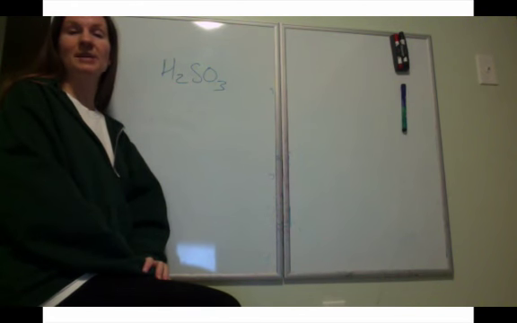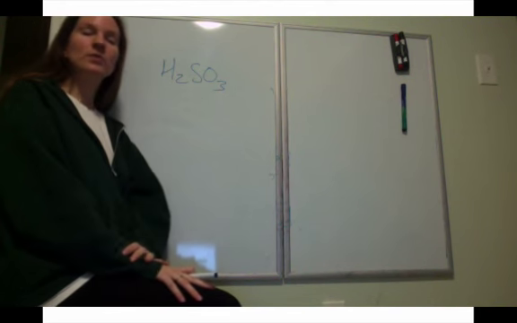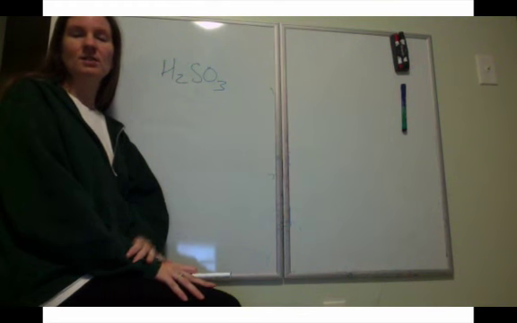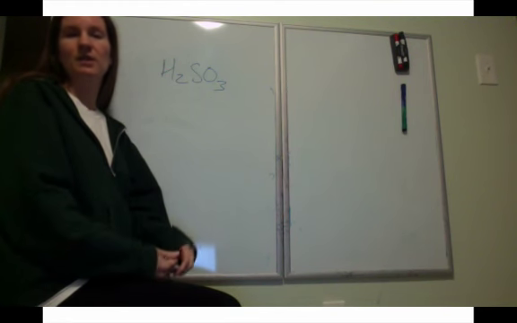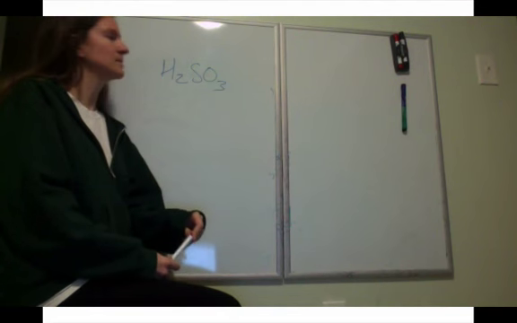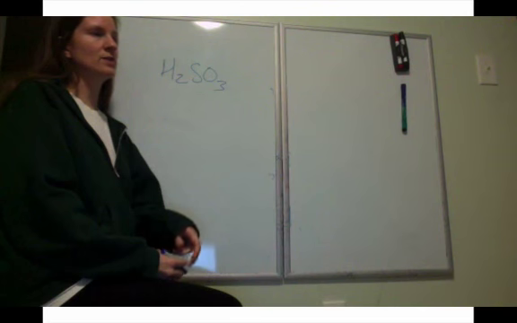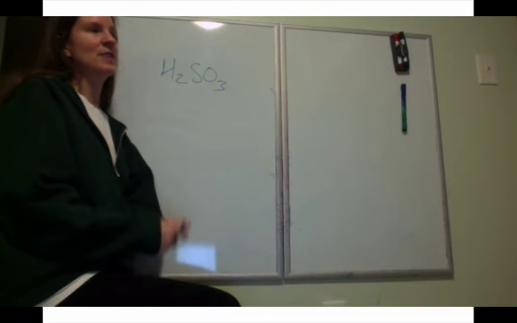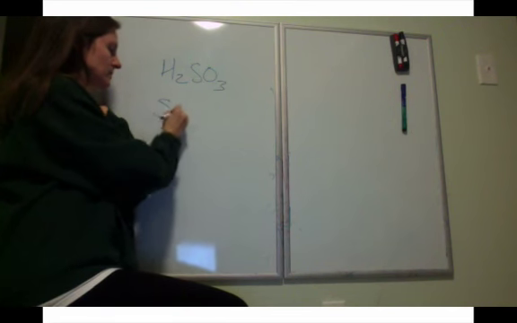In order to name an acid, you need to determine what your anion is. So SO3 is something, right? Sulfite, sulfate, some kind of sulfite or sulfate. We had to memorize SO4 as sulfate. So SO3 is 1 less than SO4, which would make the ate into an ite.